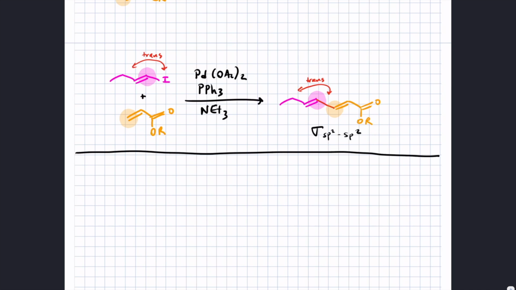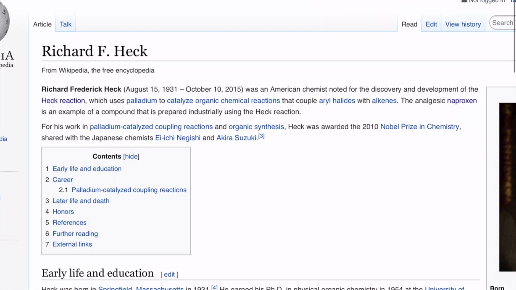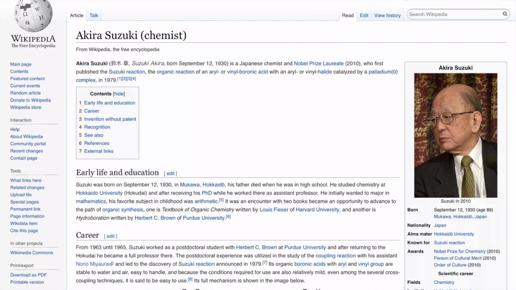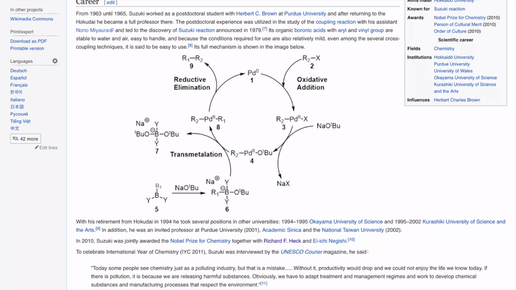Now I'm going to introduce the Suzuki reaction. Professor Suzuki won the Nobel Prize in the same year as Professor Heck, shared the Nobel Prize. There is Professor Suzuki, and his reaction is one that couples an aryl halide with an aryl boronic acid.